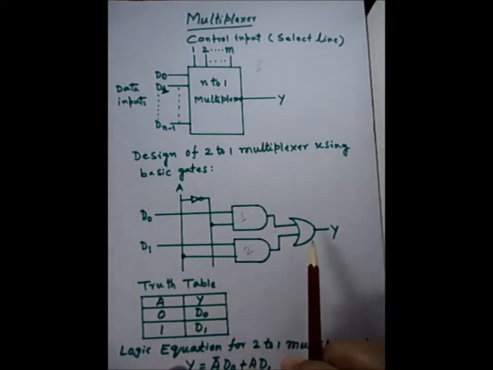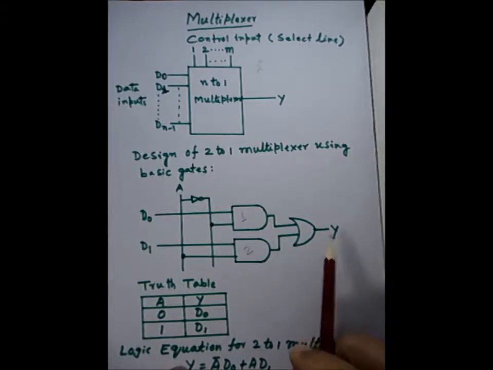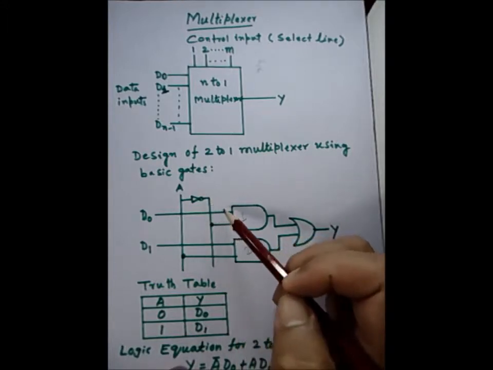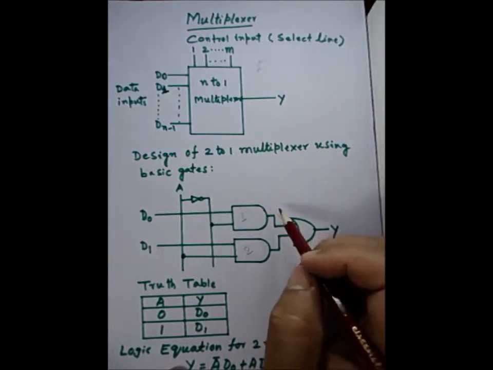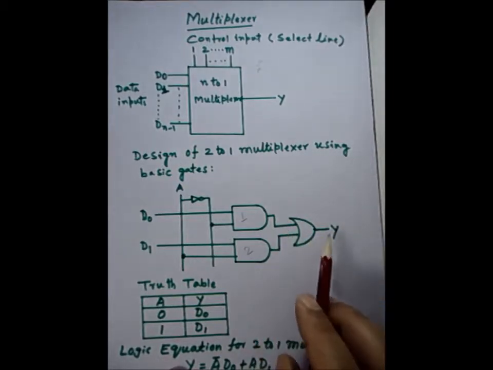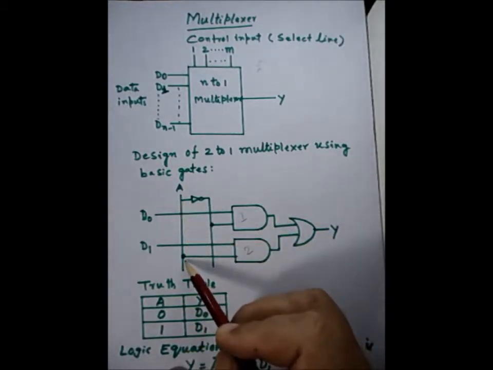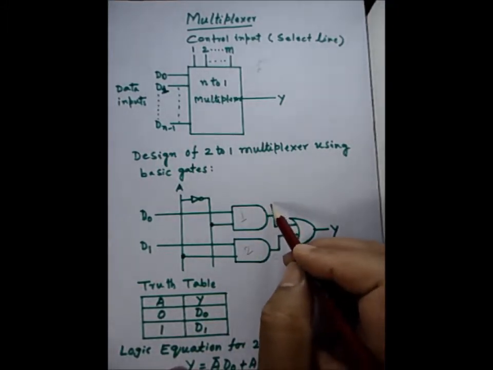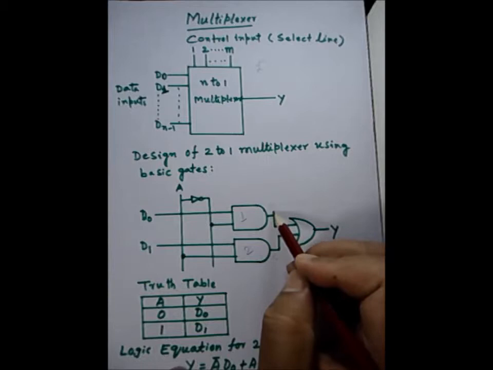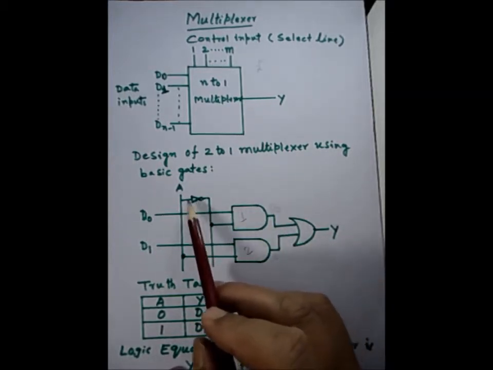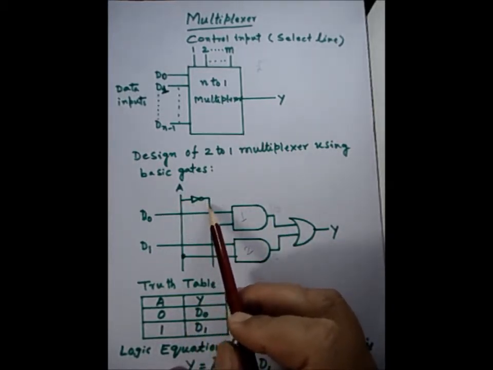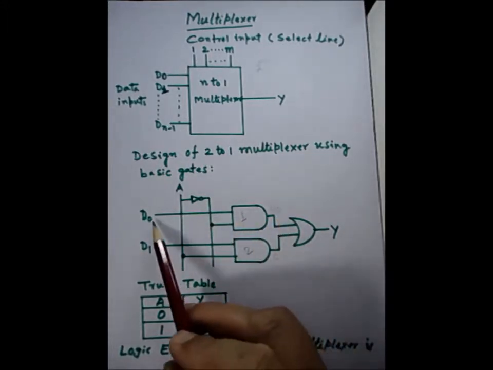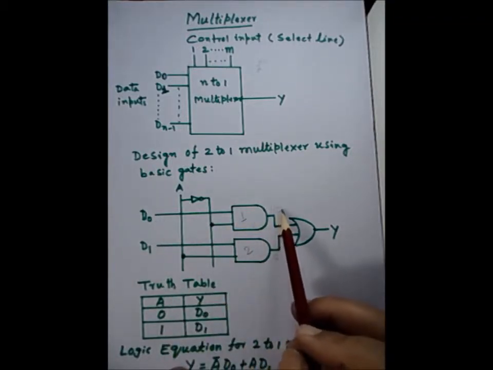Let us see what the output will be. If A equals 0, the complement of A equals 1, and in that case whatever the value of D0, that becomes the output of gate 1. Because A equals 0, the output of gate 2 equals 0.